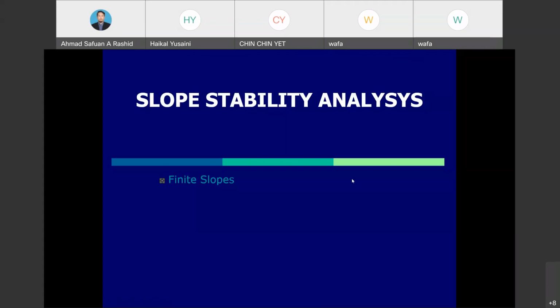For the non-linear methods, there will be a total stress approach and a method of slices approach. However, today I will only cover the linear failure plane and the total stress approach. Most probably next week, I will discuss the method of slices, either Fellenius or Bishop's.